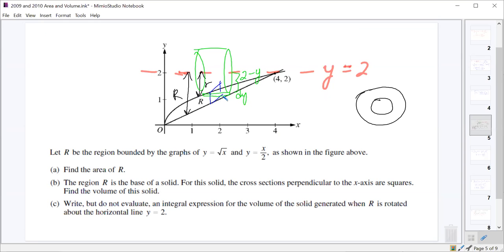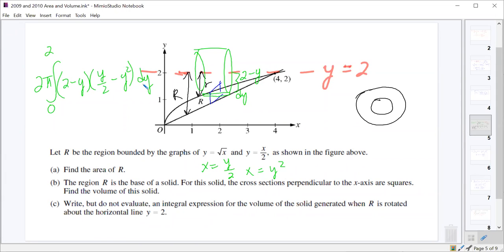And our height would be the right function, which would be x equals y over 2, minus the left function, which would be x equals y squared. So if we'd done it using cylinders, you'd have had 2 pi times the integral from 0 to 2 of 2 minus y times y over 2 minus y squared dy.